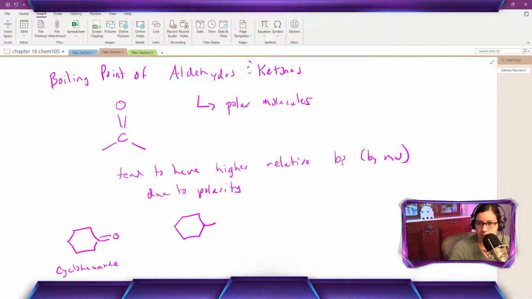I think they're both roughly 98 grams per mole, except for the boiling point. For methylcyclohexane it's 101 degrees C, and cyclohexanone's boiling point is 155. So yes, indeed, we were able to predict just based off of polarity.